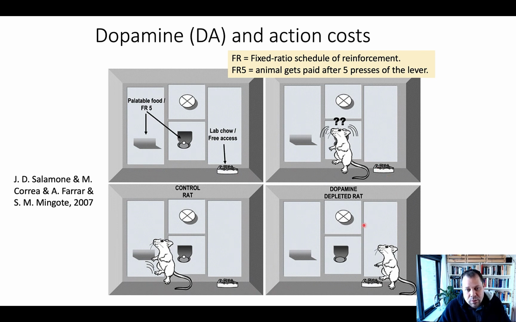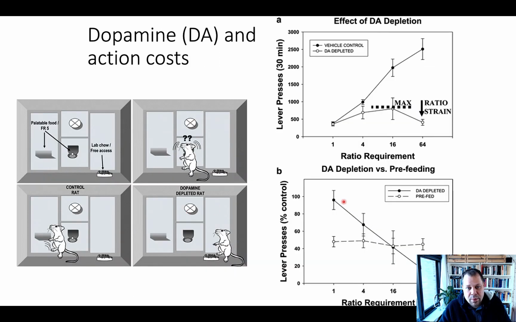So let's have a look at how this dopamine depleted rat performs this task of a fixed ratio schedule with increasing amounts of work or effort required to get the highly valued reward, relative to a control rat. And that's basically shown here. So these are the effects of dopamine depletion. On the y-axis, we're plotting the amount of lever presses within 30 minutes.